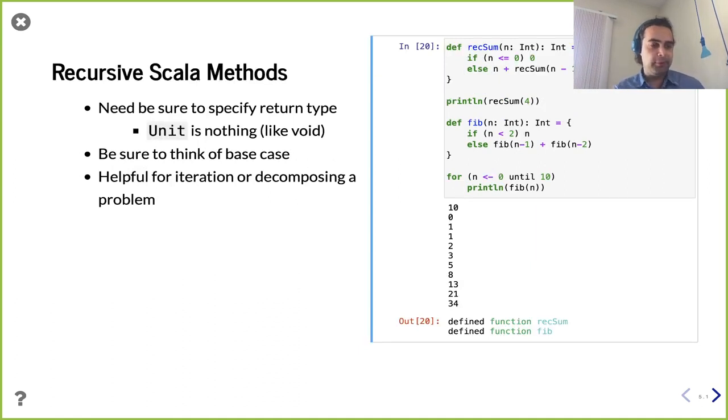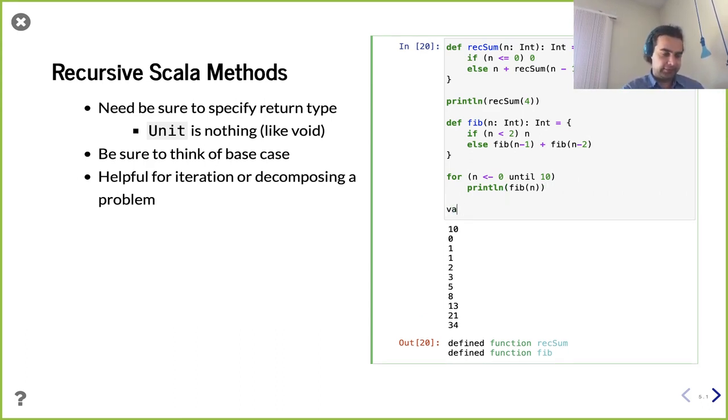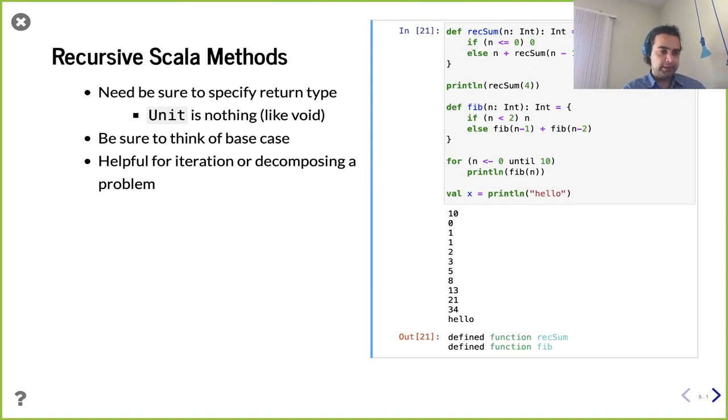One thing you may have seen before, we'll say again: if you ever need to have an empty return type, but you're required to have one, unit is the word you're looking for, right? And we've seen unit before, right? If I am trying to find out what I get, for example, if I say val x equals println of hello, this should also be unit, right?